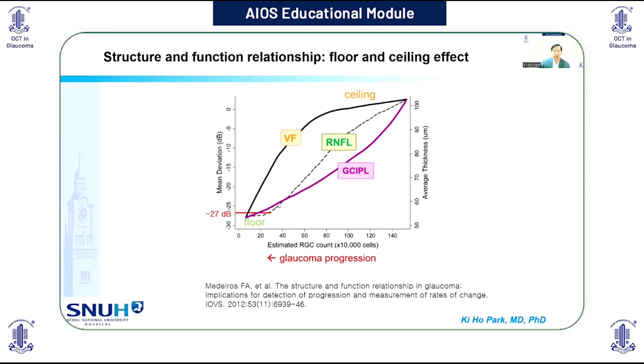And it showed less floor effect at the advanced stage compared to the RNFL curve. So we may combine RNFL and GCIPL thickness map and also deviation map and thickness analysis to detect glaucoma early.